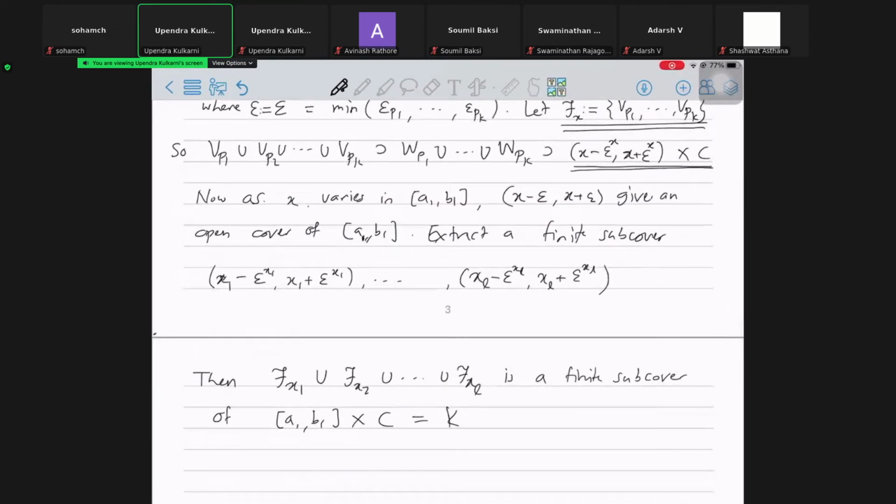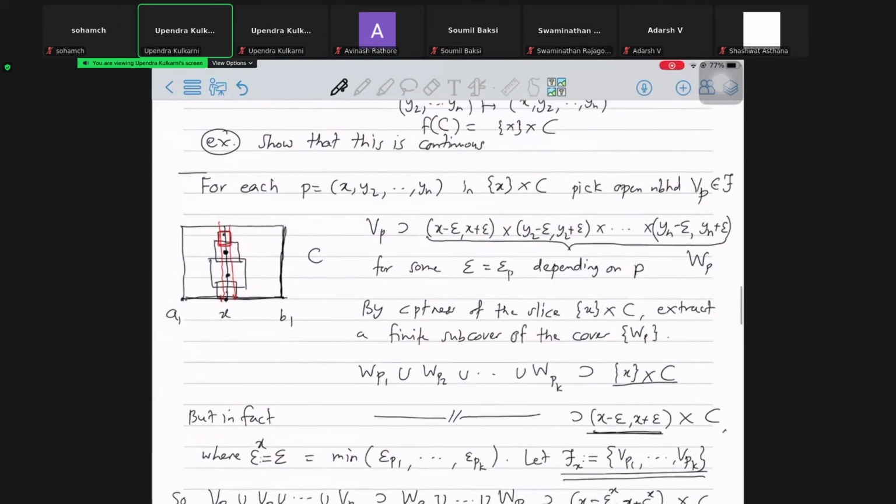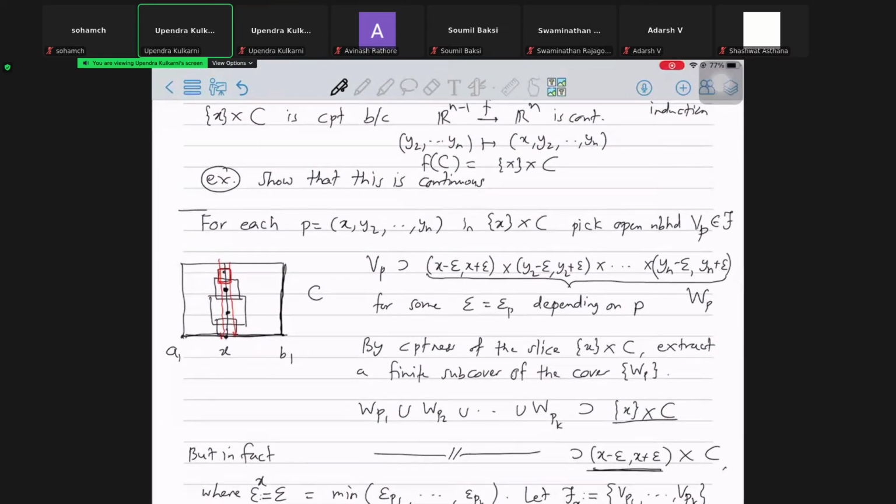Again, this is a typical argument. You should see the similarity of this argument with what we did in the previous class, when we showed that every compact set is closed in a metric space. What did we do?